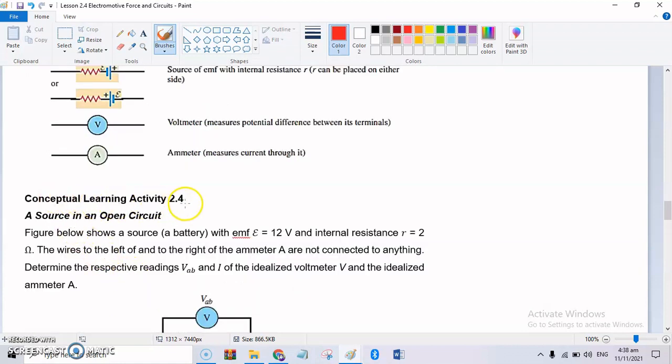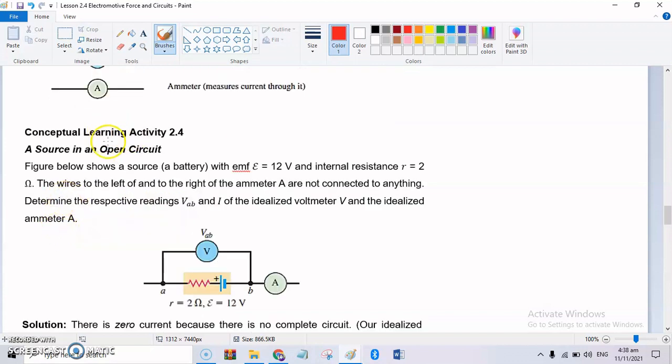Conceptual learning, activity 2.2, a source in an open circuit. Open, when we say open, it is not a complete circuit, rather an incomplete circuit. Figure below shows a source battery with an EMF E is equal to 12 volt and internal resistance r, 2 ohms. So in this symbol, it is an EMF with an internal resistance r.